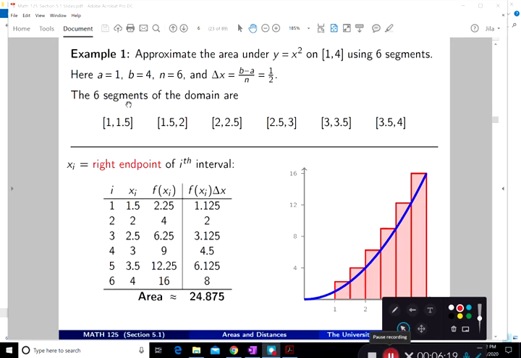The right endpoint for this interval is going to be 1.5, then 2 for that one, then 2.5, then 3, then 3.5, and 4.